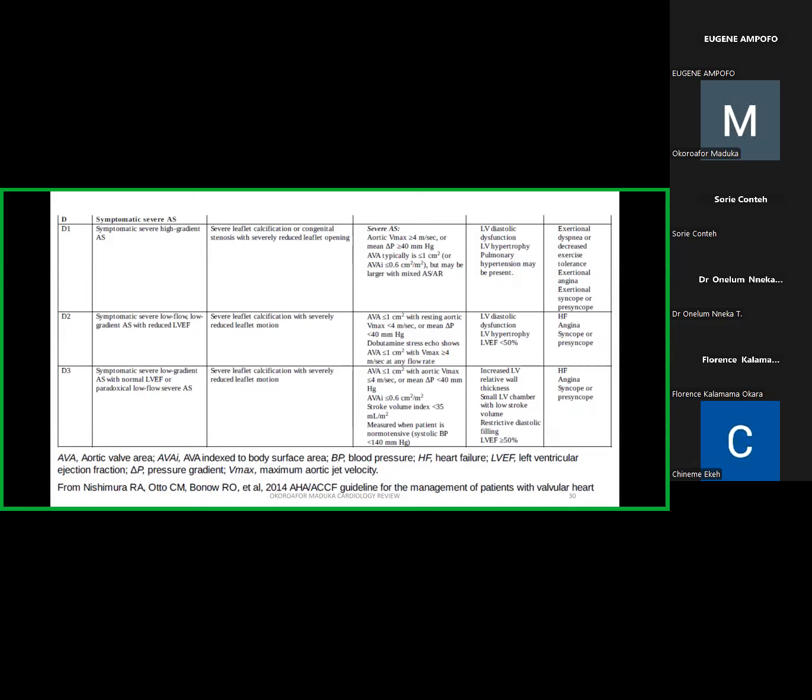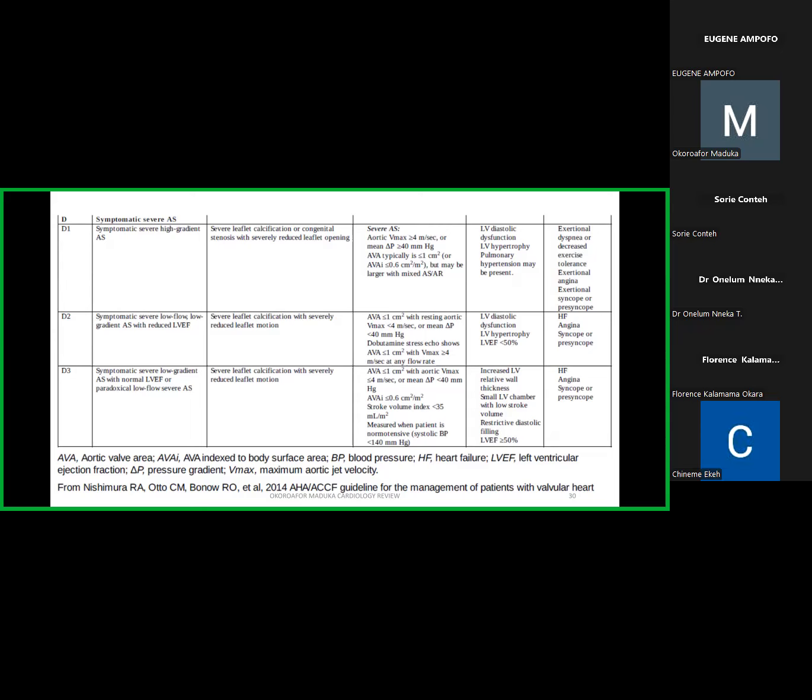So you have the aortic valve velocity, the velocity across the valve, greater than or equal to 4 meters per second. And you also have a gradient greater than or equal to 40 millimeters of mercury. Of course, when you look at the valve, you also have features that suggest severe leaflet calcification.